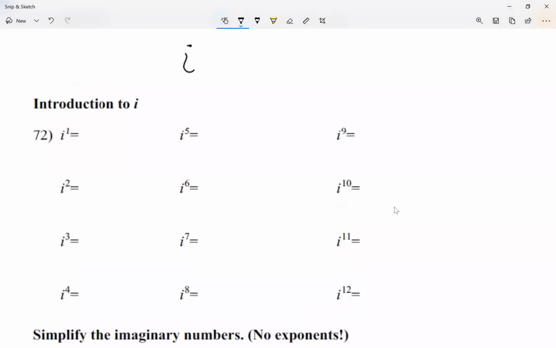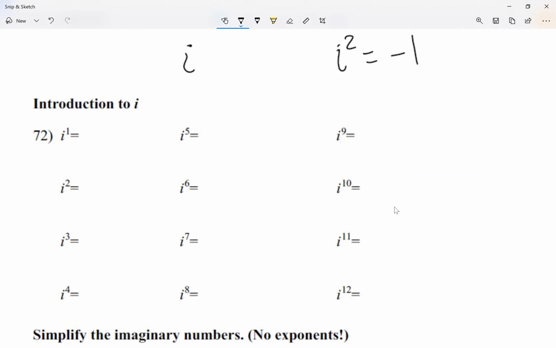The important thing about i is that i to the second power, this imaginary number i multiplied by itself, so i times i, so i squared, is going to equal -1.